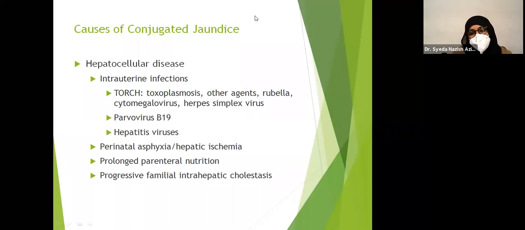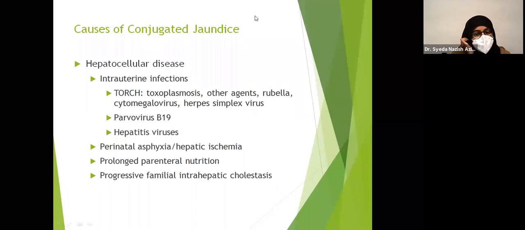What kind of hepatocellular disease gives us conjugated jaundice? The most common one that we see is intrauterine infections. The most common ones are TORCH, including toxoplasmosis, rubella, cytomegalovirus, herpes virus, and some other viruses like parvovirus and the hepatitis A to E viruses. So when the mother is infected with these viruses, we can see conjugated jaundice in the neonate.